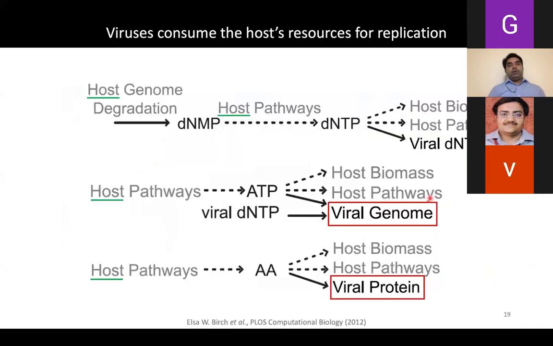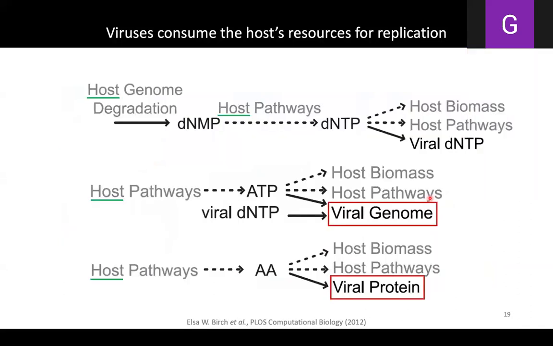As we all know, viruses consume host resources for increasing the number of their copies. Mainly, these resources are amino acids and nucleic acids produced in host metabolism that are used to synthesize viral proteins and the viral genome, respectively.